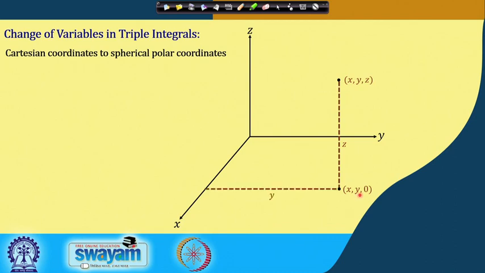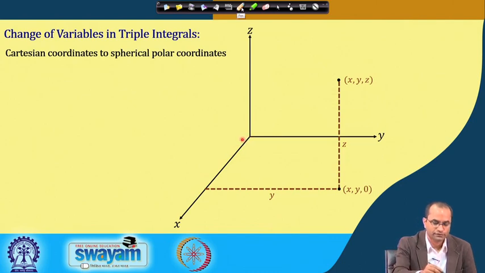Along the y axis, the distance of the point, which was the perpendicular foot from (x, y, z) to (x, y, 0), is given by y. Then the x coordinate is the distance from the origin.